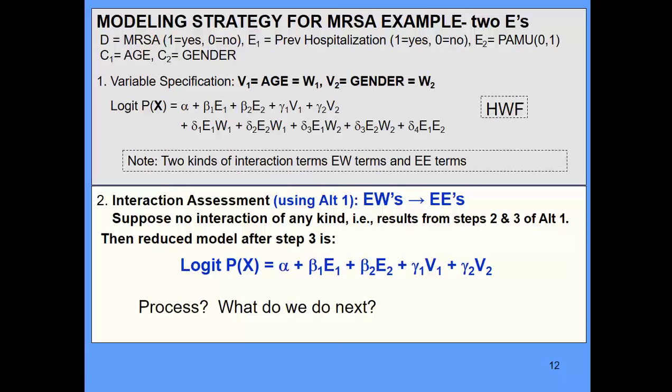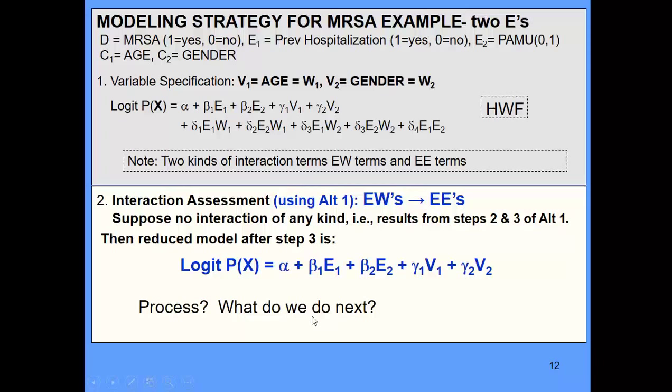Suppose you find no interaction when you assess interaction first, for EWs and then EE. This is your model after that. If there's no interaction, I'm dropping these 5 terms, recognizing this should have been a 4 and this should have been a 5. I'm dropping these terms because I'm saying, suppose I found there's no interaction. This is the model left after I assess interaction.